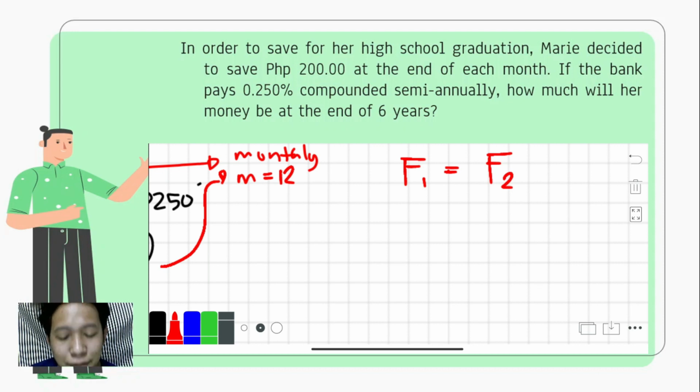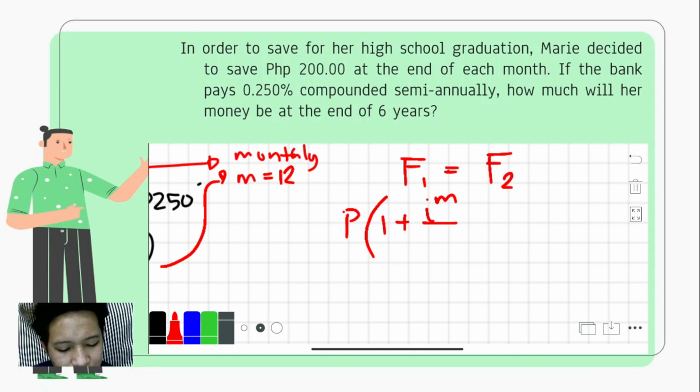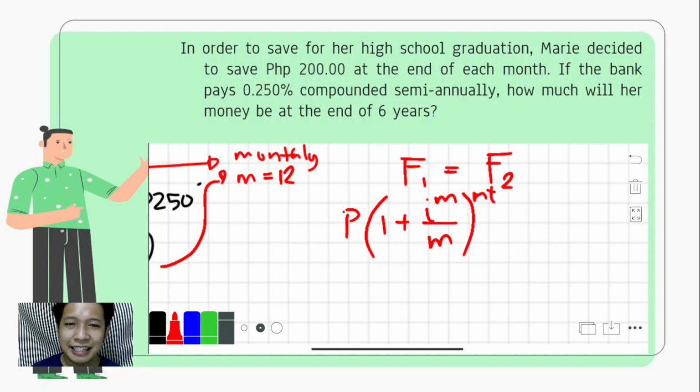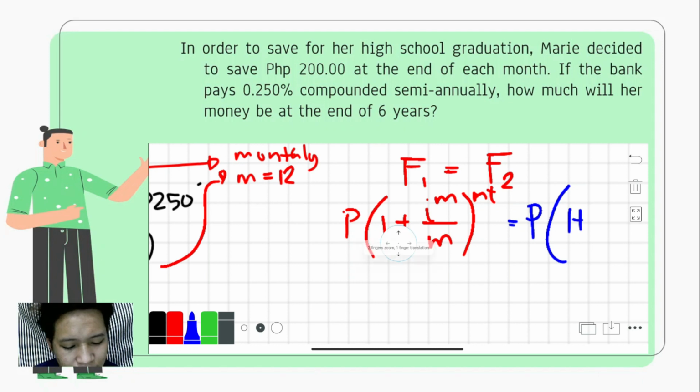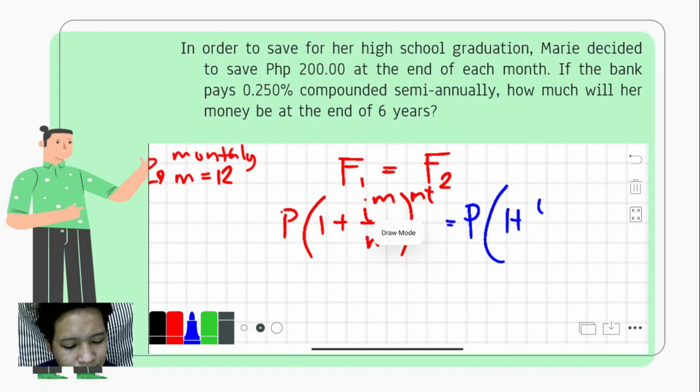That F is equivalent to P multiplied by (1 plus I over M) raised to M times T. And then another one, F sub 2, that would be another P times (1 plus I over M) raised to M times T.